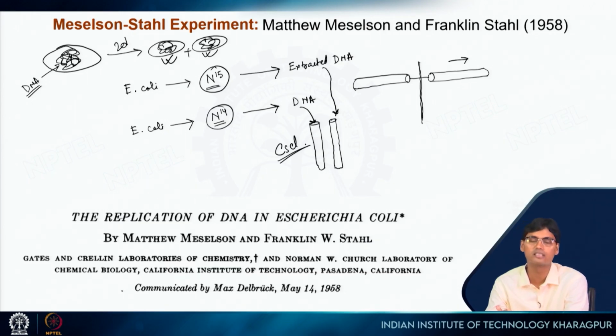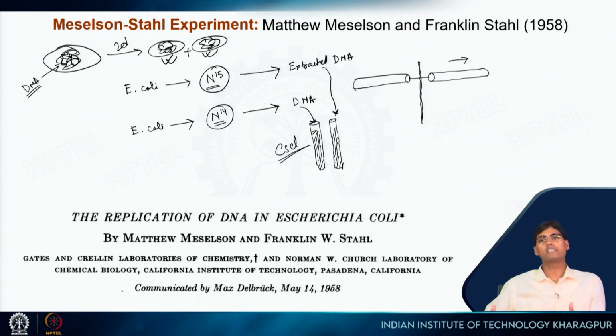So very highly dense cesium chloride they have in this tube. And now they loaded this DNA which was extracted either from N15 or N14. And then they started this centrifugation for a long time. This is called equilibrium density centrifugation.